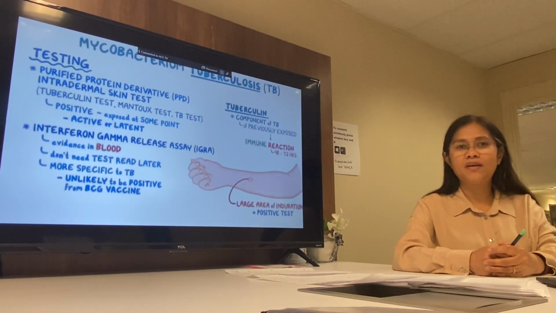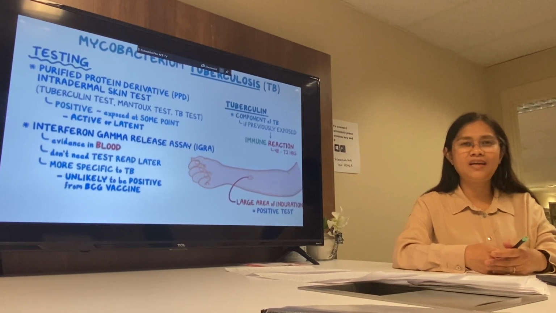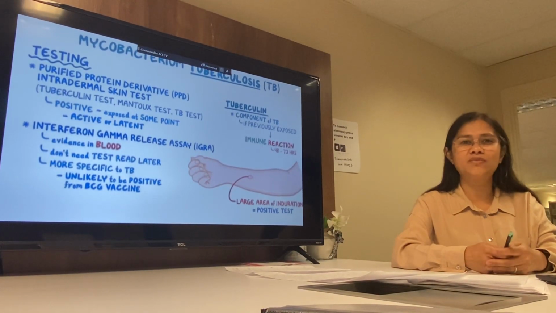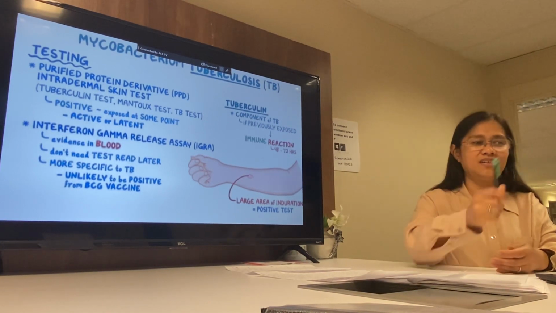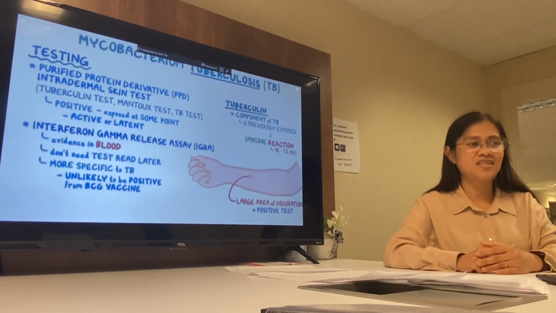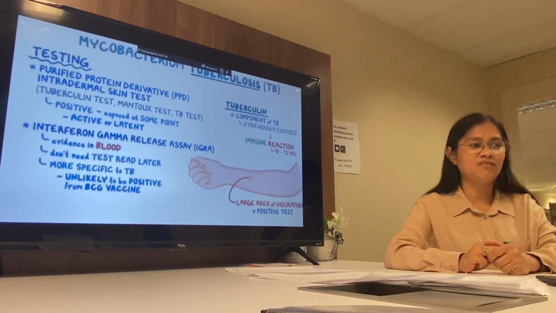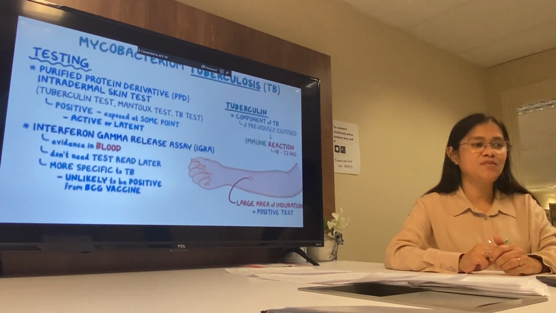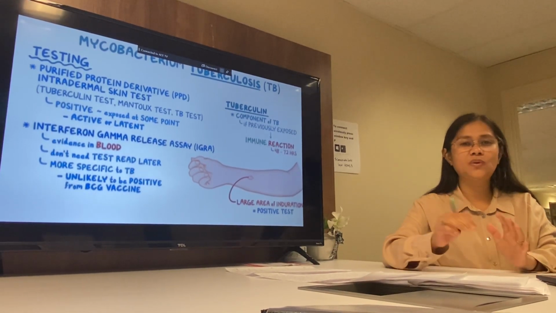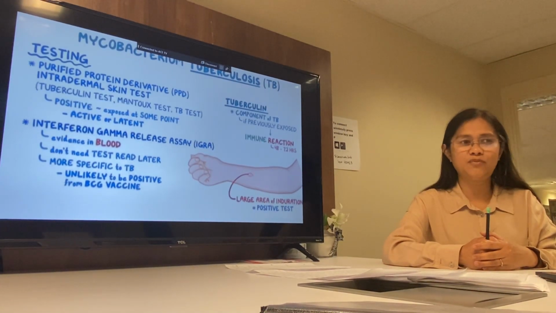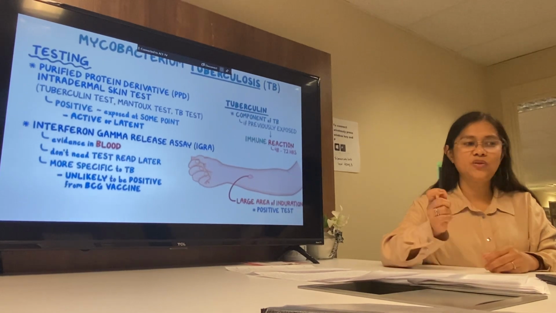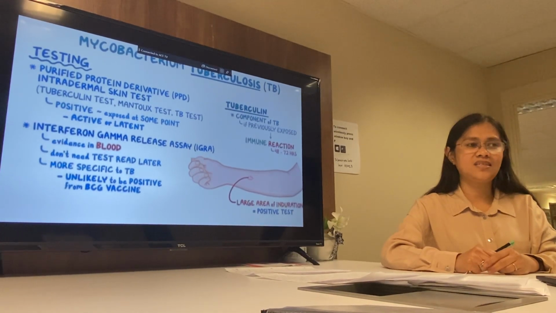This is a blood test. One advantage is you don't have to go back for rechecking like the PPD, and this test is more specific to TB. A person who has had the BCG vaccine is unlikely to be positive for TB using the IGRA test.